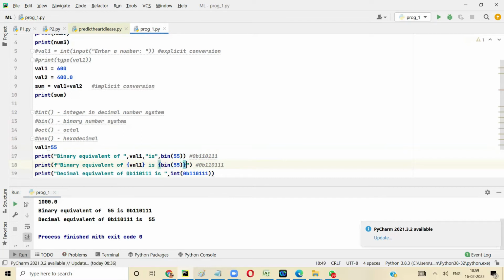So you are avoiding, that's what we did last class, we are avoiding giving multiple commas, right? So I can write it like this also. It is all one quotation, no comma.